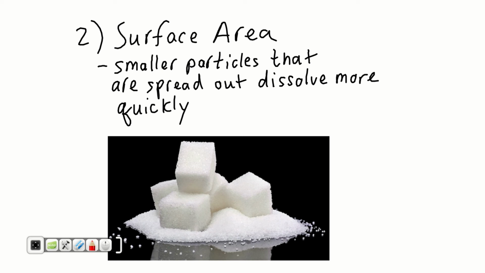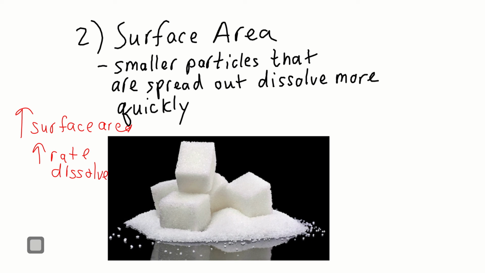What about surface area? Smaller particles that are spread out will dissolve more quickly. So what does that mean? If I increase surface area, I increase the rate of dissolving. Things will dissolve faster. So what I have here is crushed sugar and sugar cubes.